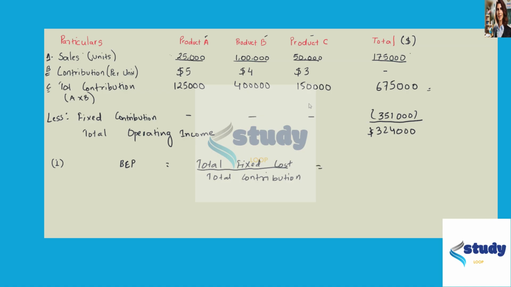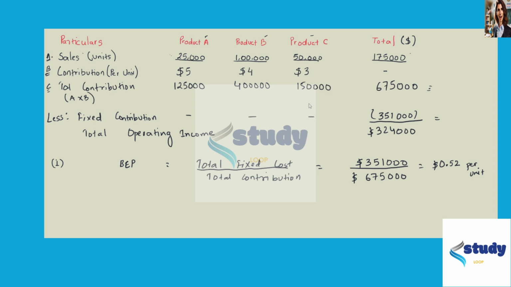So we have total fixed cost from here, $351,000, and we have our total contribution as 675,000. That gives us $0.52, 0.52 per unit.